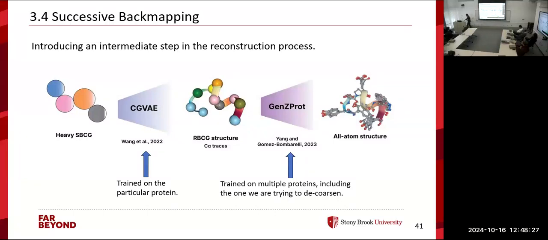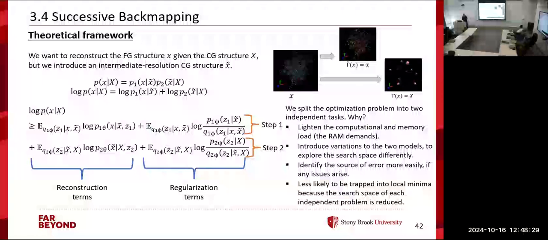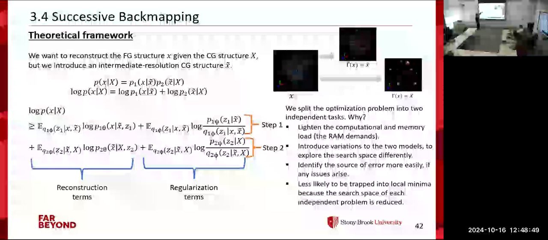And this has multiple advantages. The theoretical reason behind this is that if you condition this reconstruction and take the log likelihood, then the evidence lower bound is split into 2 steps. Remember earlier we wanted to maximize this by maximizing whatever was after the greater than or equal sign. Now we're going to do it in 2 steps.